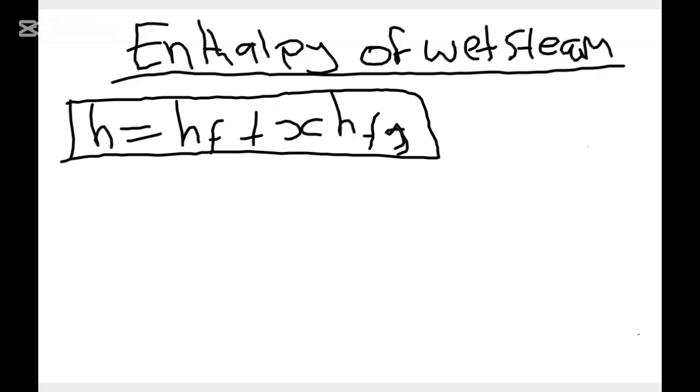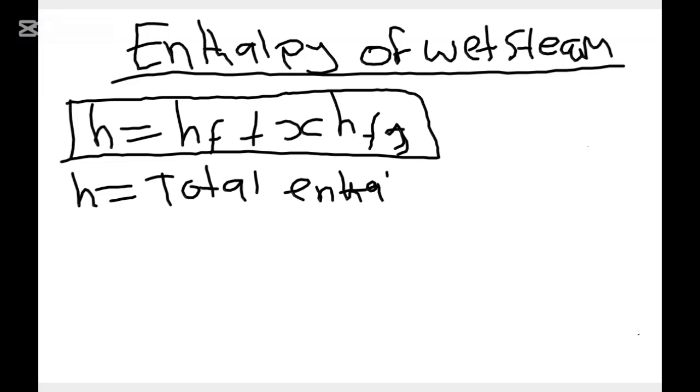This is the formula of the enthalpy of wet steam. So the H stands for the total enthalpy of the wet steam.